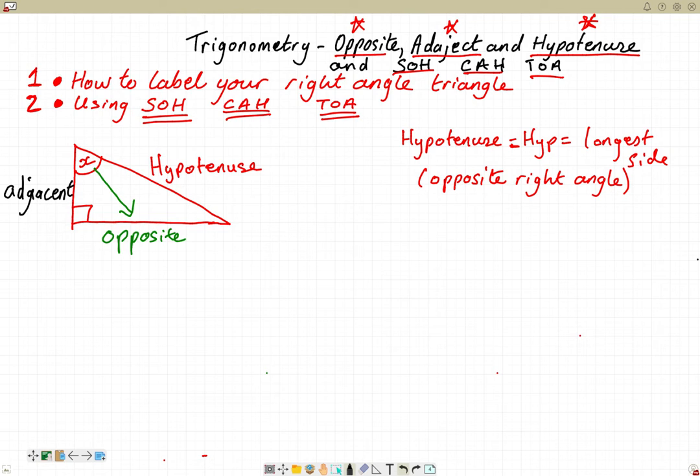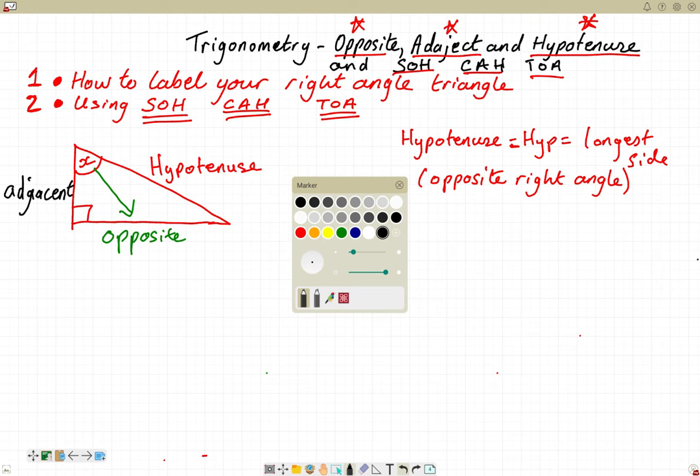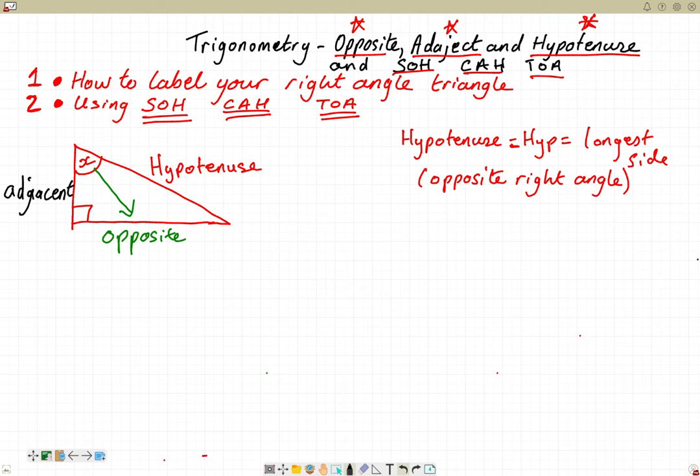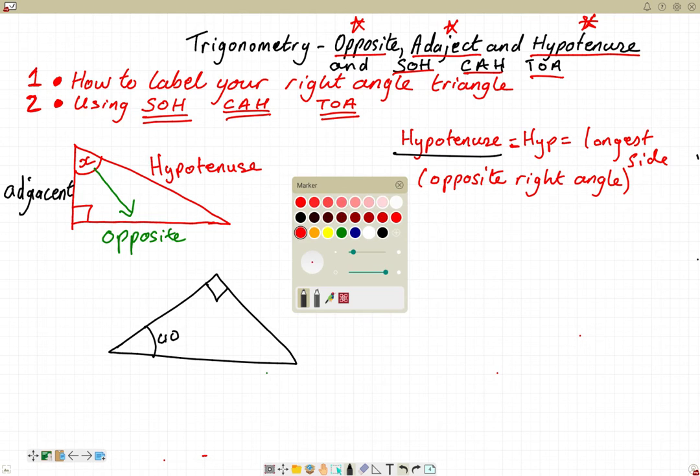Okay, so let's try another one. Let's say I give you another right angle triangle. Here's my right angle, here's my angle. Let's say it's 40. Now let's label this triangle. The first thing I do is look for the longest side. Always look for the hypotenuse, and that is always opposite your right angle.